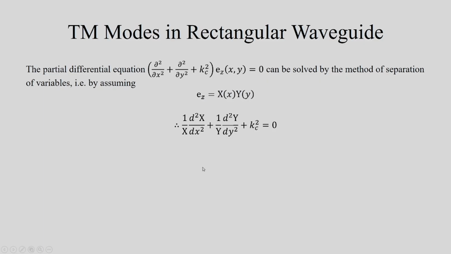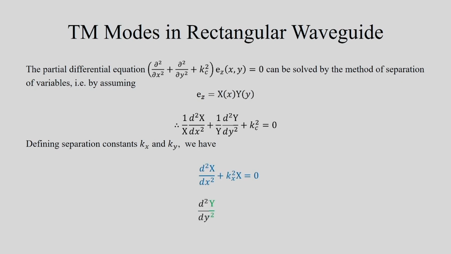Substituting Ez equal to XY here and dividing throughout by XY, we get an equation of this form. Once again, we introduce the separation constants kx and ky, and we can separate these two equations.